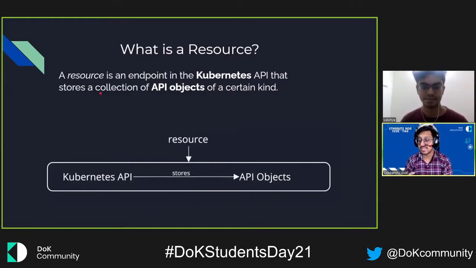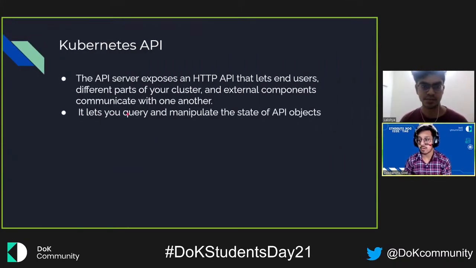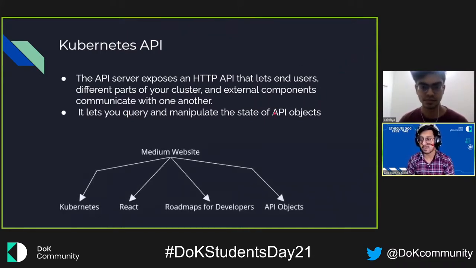So let us further learn about the Kubernetes API and the API objects. The Kubernetes API allows us to access different parts of the cluster and lets external components communicate with each other, and it will let you query and manipulate the states of API objects. Let me simplify it. Take the example of the Medium website.